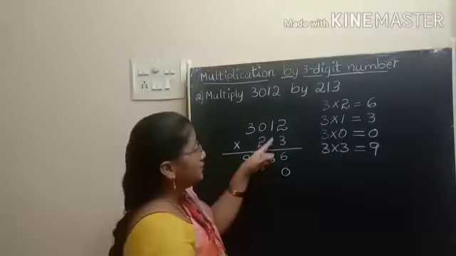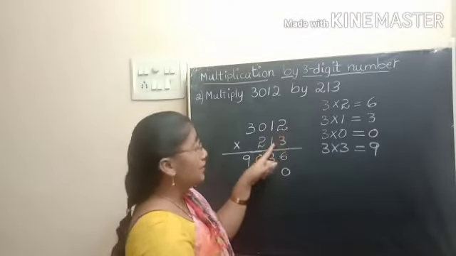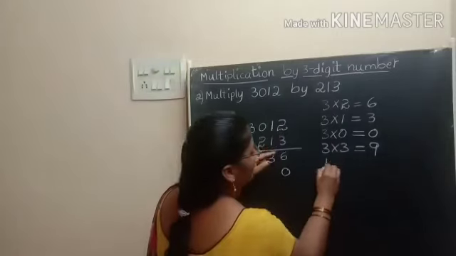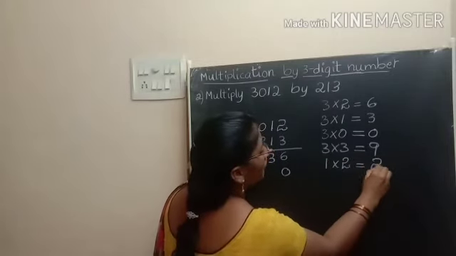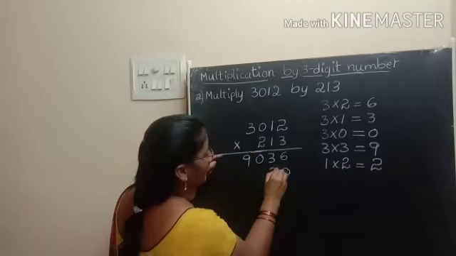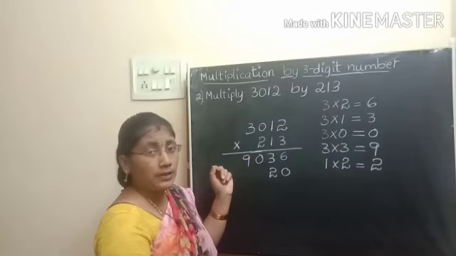First take the digit in ones place. Take 1 into 2. 1 into 2 is equal to 2 only. So we can write it directly here. There is no carry to pass to the next place.